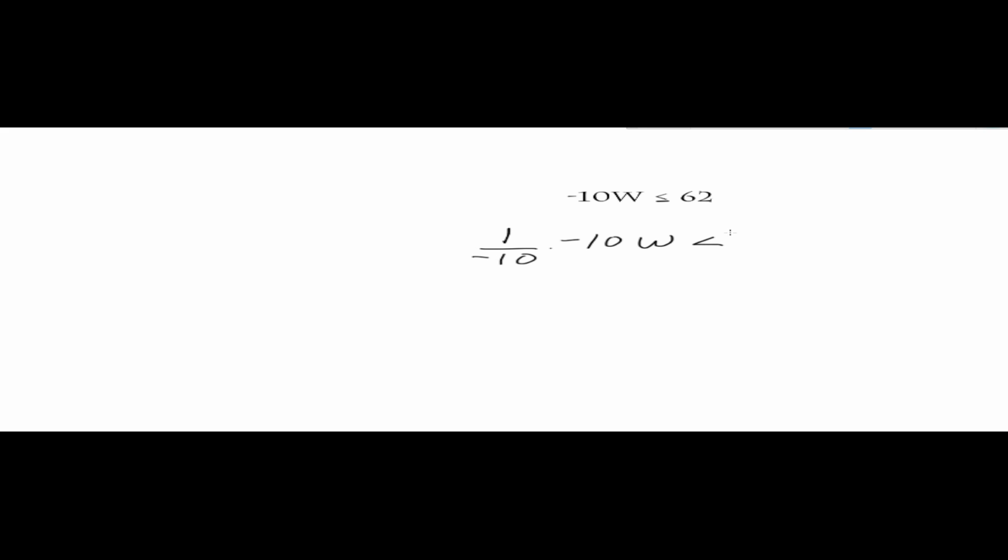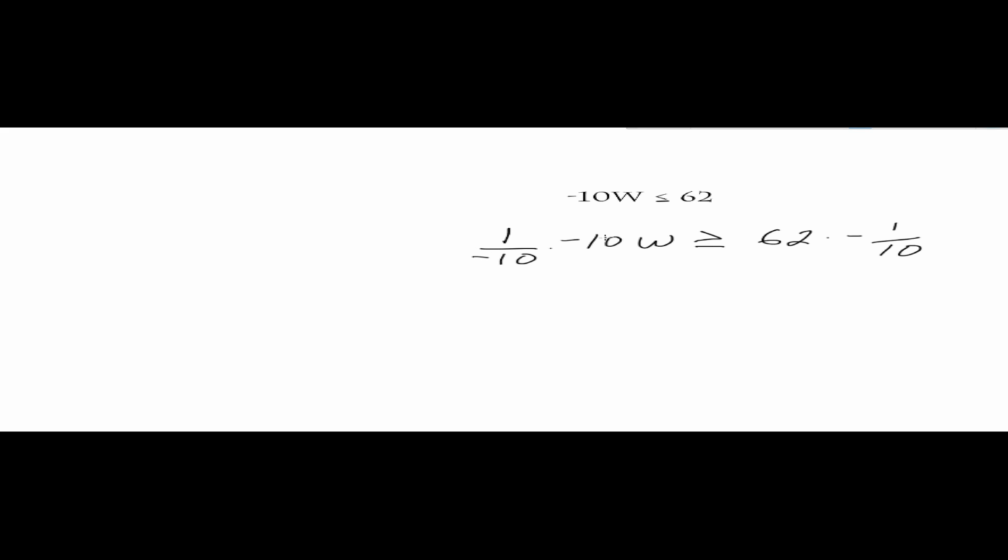So I have to flip that right now. Okay, so 1 over -10 times -10w is greater than or equal to 62 times negative 1/10. Negative times a negative is a positive.